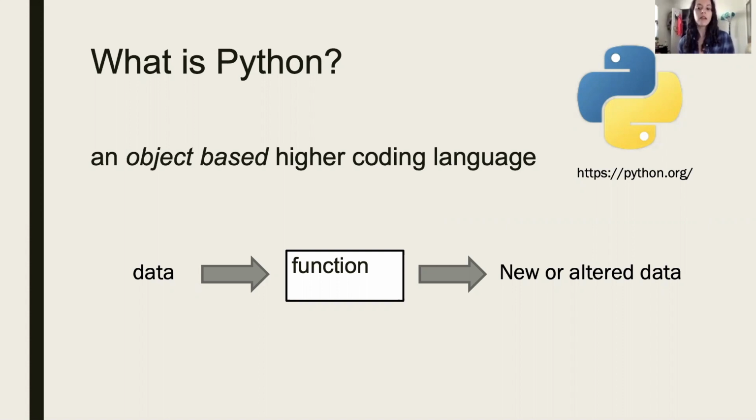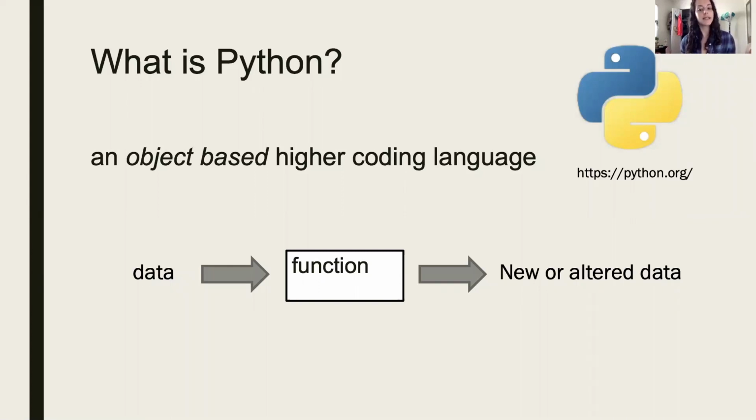Now, we can think of the Python object much like a schematic of a mathematical function you may have seen in a high school algebra textbook. So we have data and we put it through some function to create either new or altered data. And that is what the Python object is.